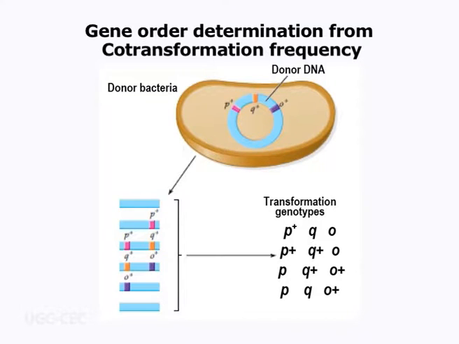Now we will be discussing the concept of mapping of the genome utilizing the phenomenon of transformation. In this regard, it was proposed that co-transformation frequency be calculated. Say, for example, there exist two marker genes X plus and Y plus.